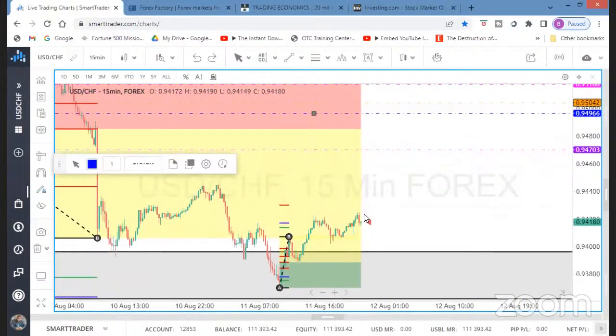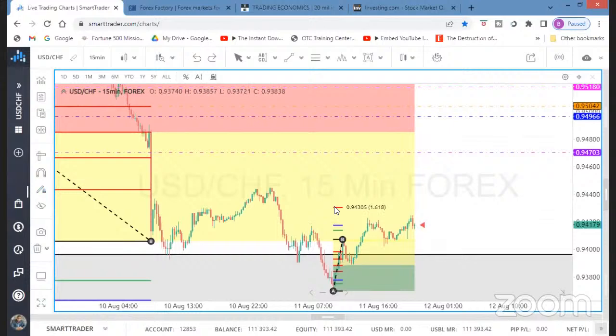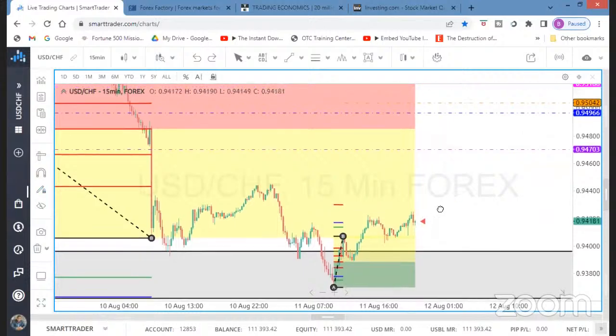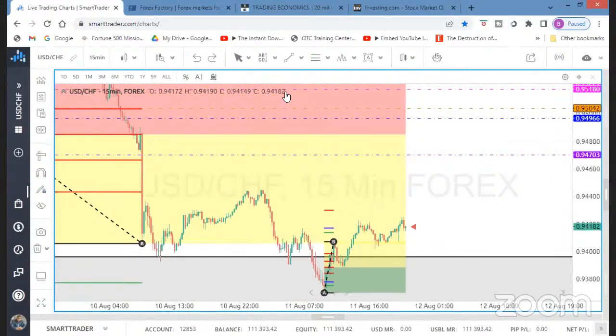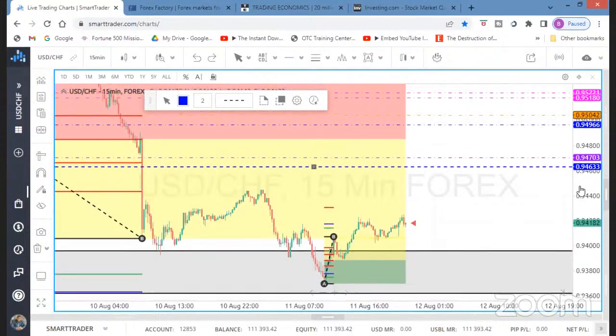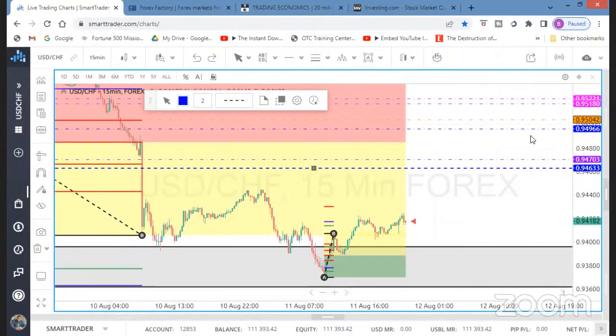Right. To see if maybe it runs into that extension, you get a new fib, and then maybe look for a pullback and a correction back to the upside to see if we can eventually catch that 382. There's that 94.96 weekly level. That's just before that 61.8 target.